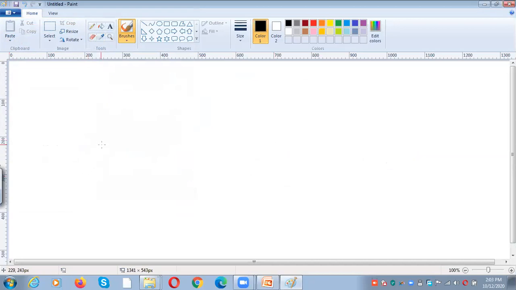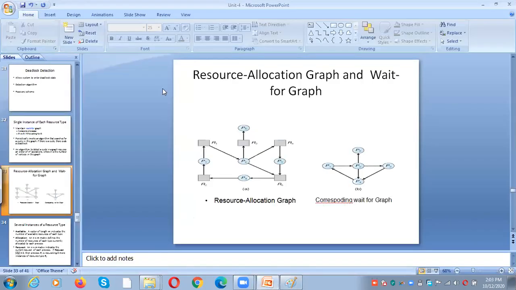So in our example, P1, P2, P3, P4, P5. These are the processes.